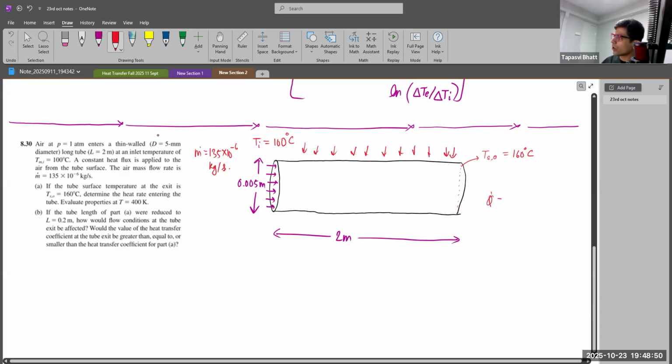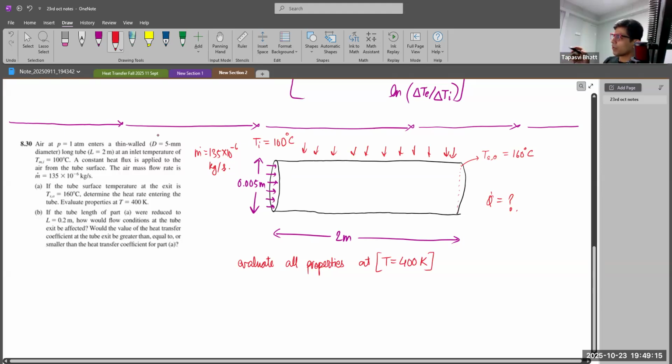Now, Q dot is what? And they want us to evaluate all properties at T equal to 400 Kelvin. This is very important for internal flow, because you have to calculate every property at the mean temperature.